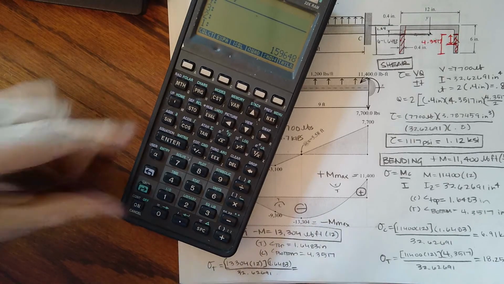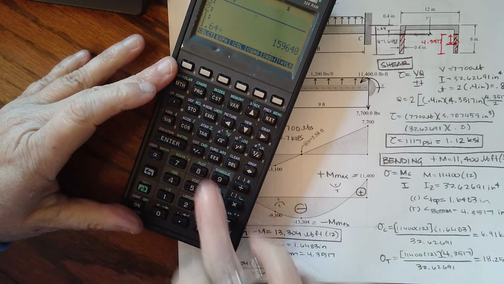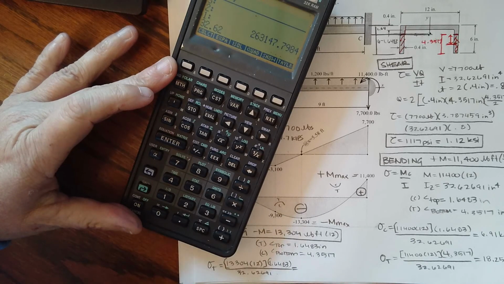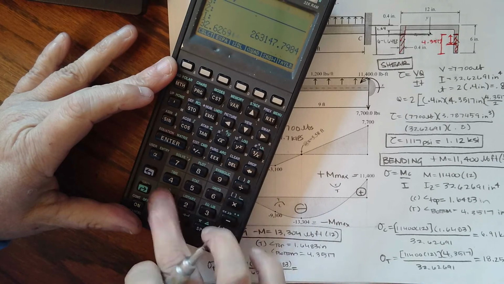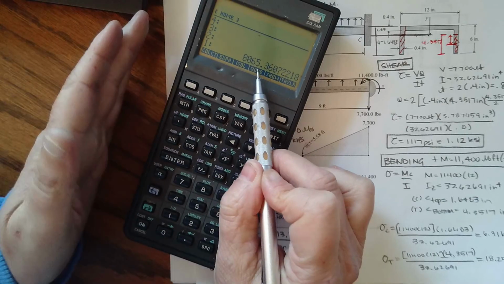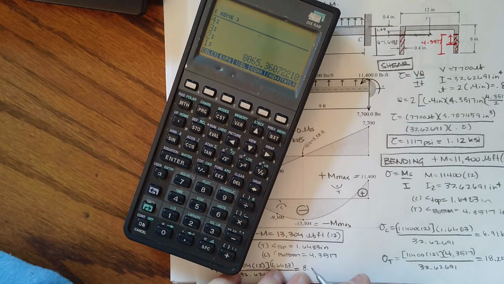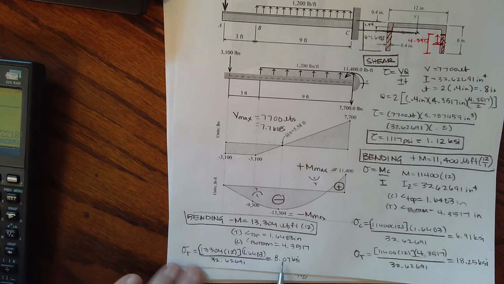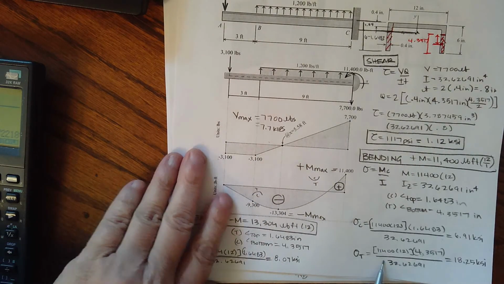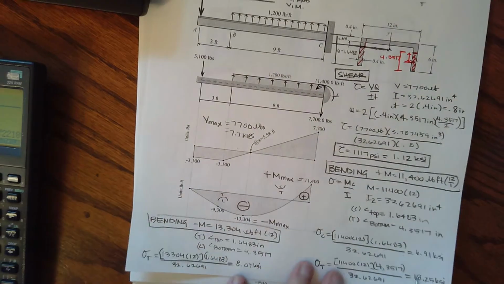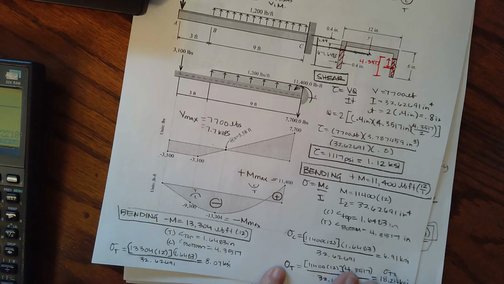Going to the top to find my tension, 1.6483, divided by I, which is 32.62691. And I get a stress of 8,065. That's psi, remember, so it's going to be 8.07 ksi. So let's look at our tensile stress. We have 18.25 and we have 8.07. So the maximum occurs where I have my positive moment. I would need to note that this would be my absolute maximum tensile stress.